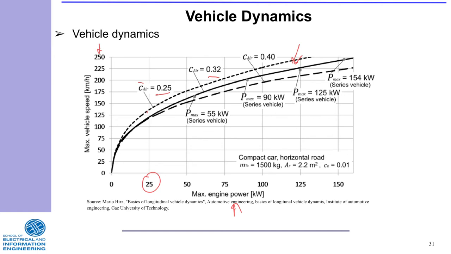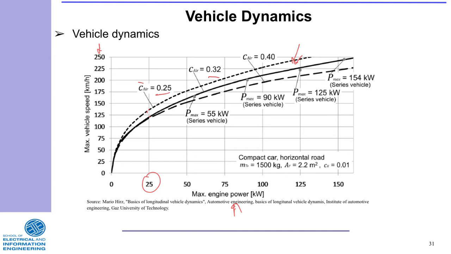This just shows you that because of the air resistance, there's more air resistance with C 0.32. Because of the aerodynamics of the vehicle, there's more air resistance, and because of that air resistance, for the same engine, this vehicle cannot reach a higher speed compared to the one with low resistance, basically the shape of the vehicle.